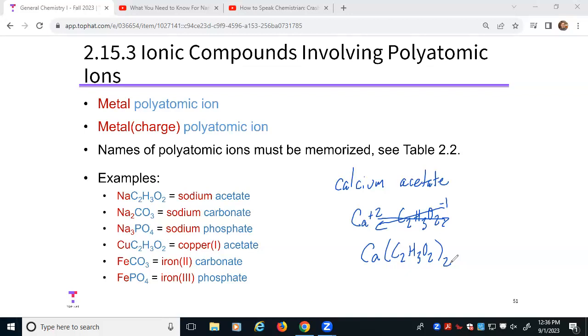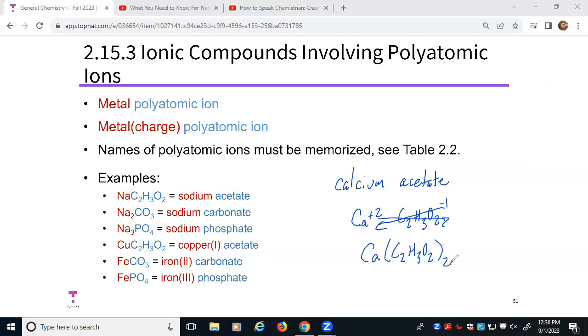Structurally speaking, though, it's the same idea. Metal with charge when applicable, nonmetal or polyatomic ion as the second thing. Here, notice also, we just named the ion, we're not changing the ending to IDE.